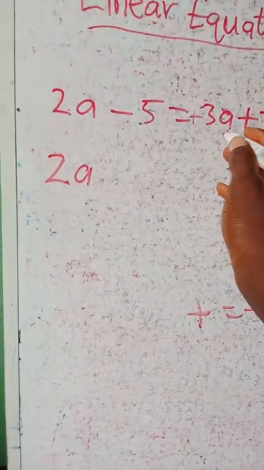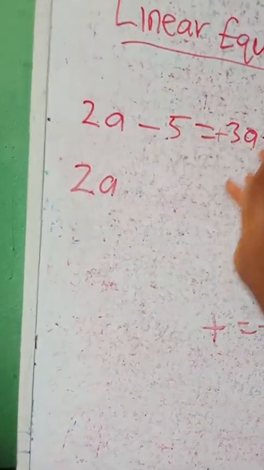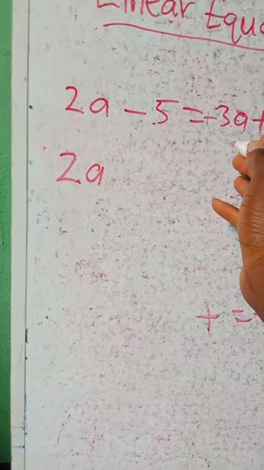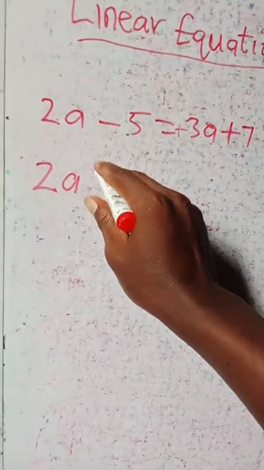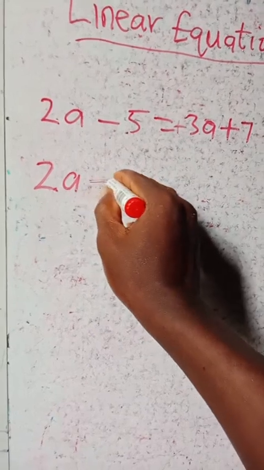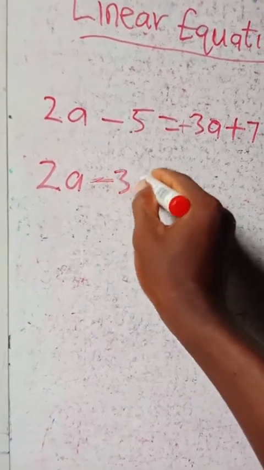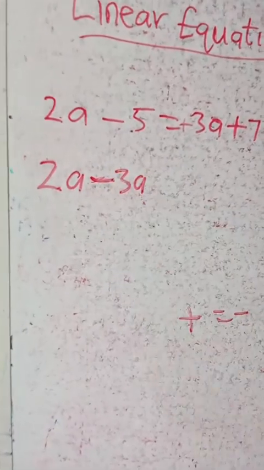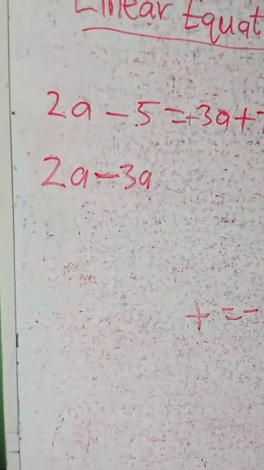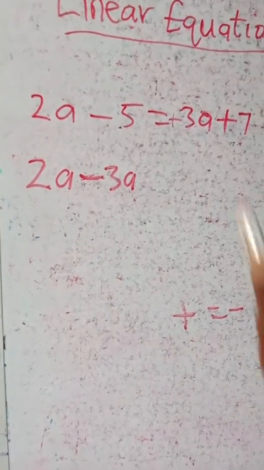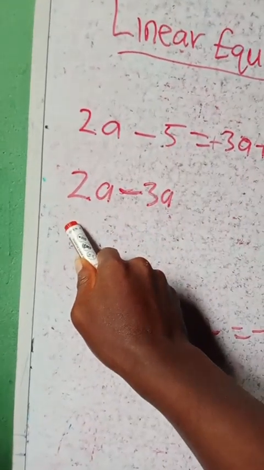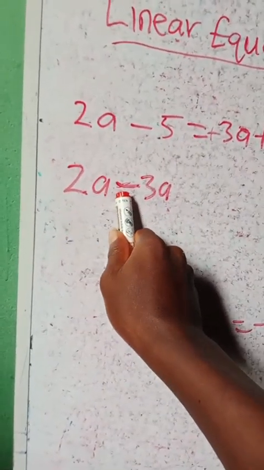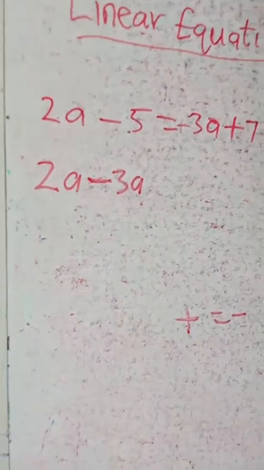It can cross like this or like this, so long as it is crossing. So 3a crossing to this other side will be minus 3a. It is only the sign that will change, the number will not change. Don't be confused.